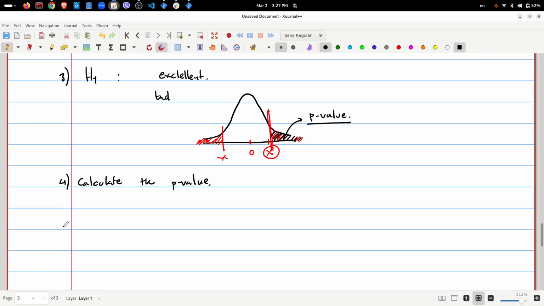And now number 5, if the p-value is really small, then reject the null hypothesis.